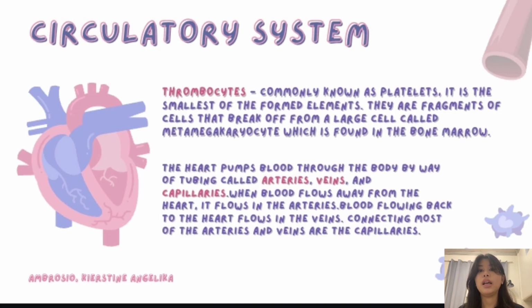Next one, we have eosinophils. It has red core cytoplasmic granules, a function to kill parasitic worms and play a role in allergy attacks. Next one, we have basophils. It has sparse but large blue-purple granules. It releases histamine.